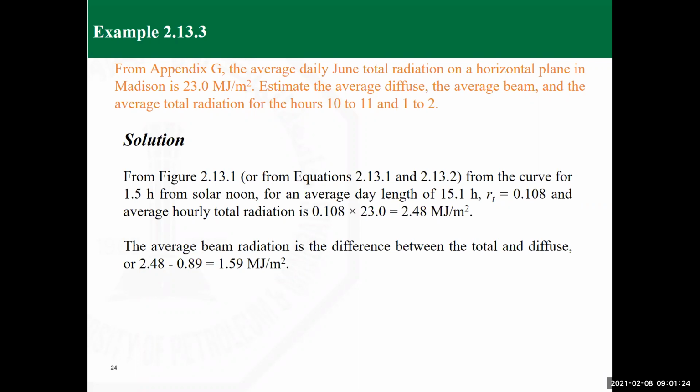And you can see here for this case, for example, from the curve for 1.5 hours from solar noon, and for a daily average length of 15.1 hours, this is capital N, for RT equal to 0.108, which is the case here for the 1 to 2 in the afternoon, which is basically 1:30, 1.5 hours from the solar noon, you can get an RT of 0.108, and an average hourly total radiation of 0.108 of the daily radiation, which is 23, so the value is 2.48.